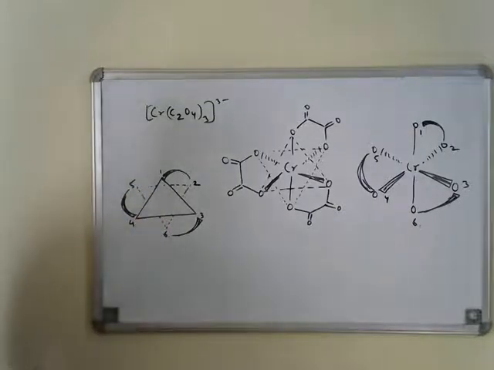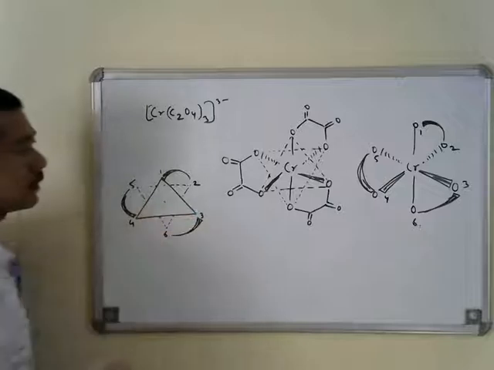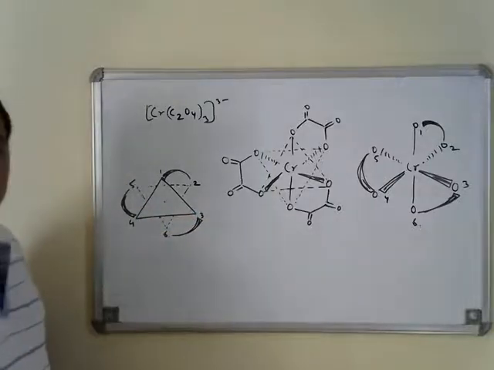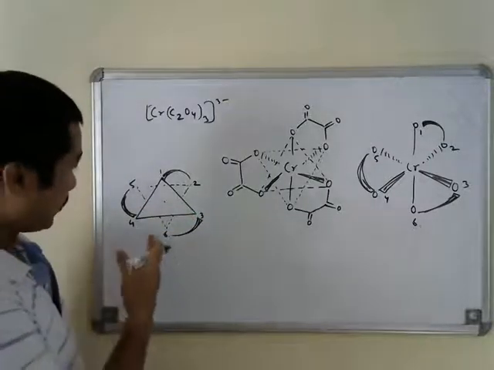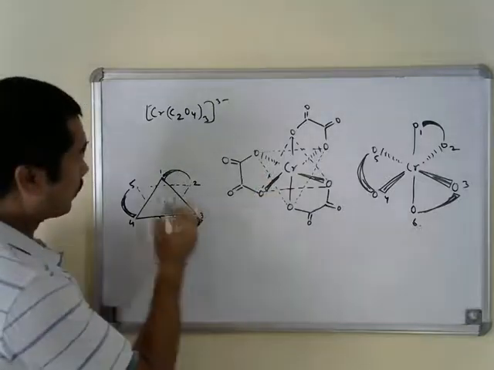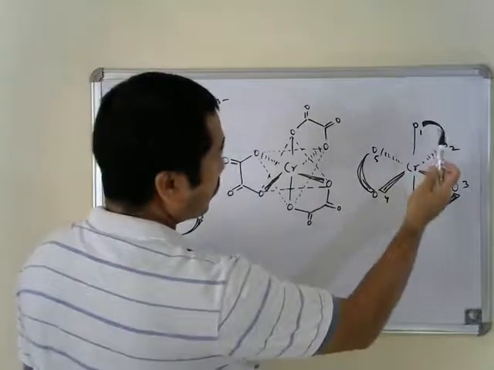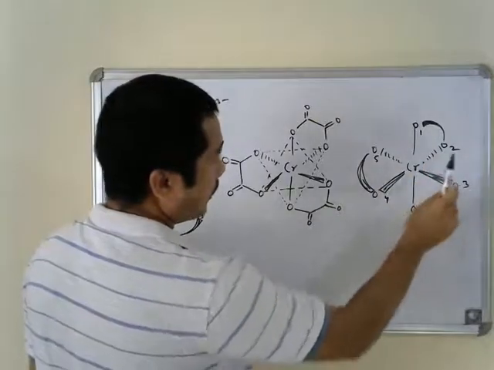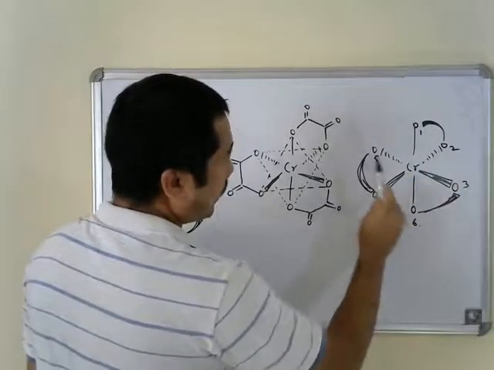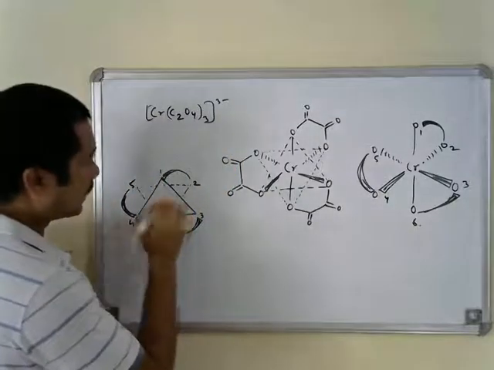So now it is obvious that there is a C3 axis of symmetry which passes through the centers of these two triangular faces, formed by the donor atoms at positions 1, 3, 4 as well as positions 2, 5 and 6. So this is a C3 axis of symmetry.